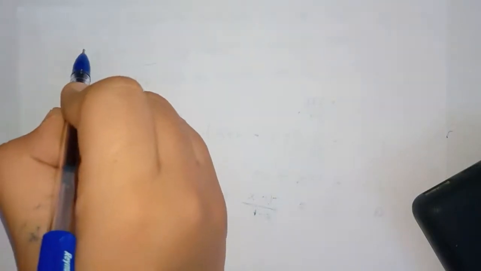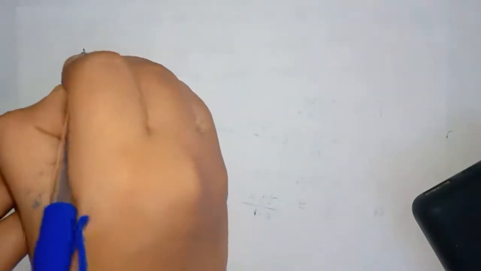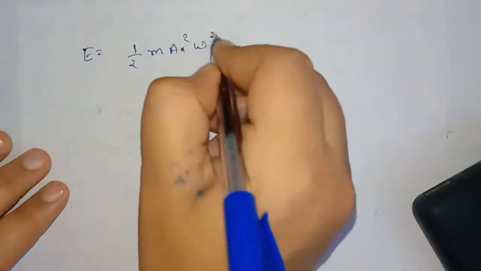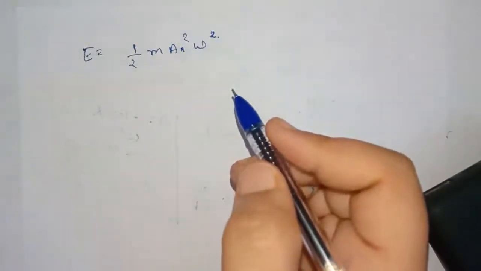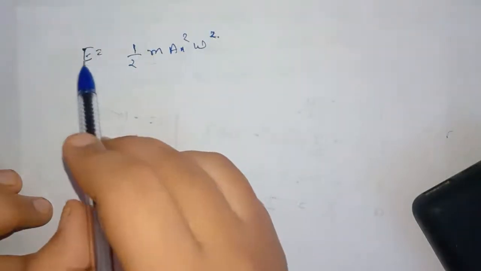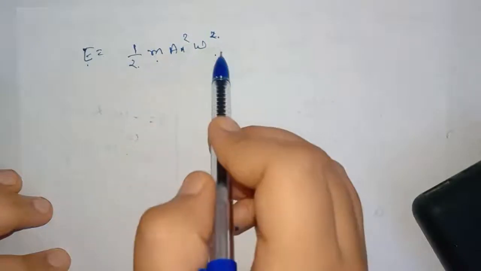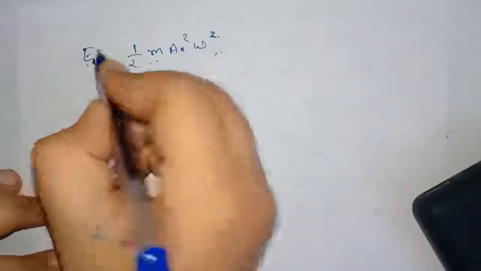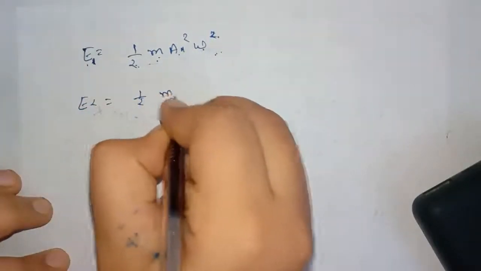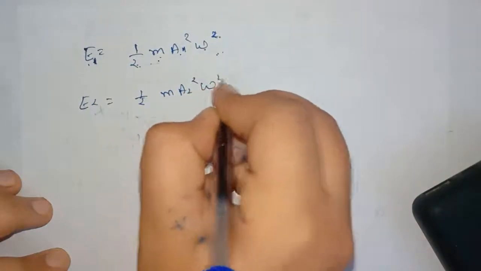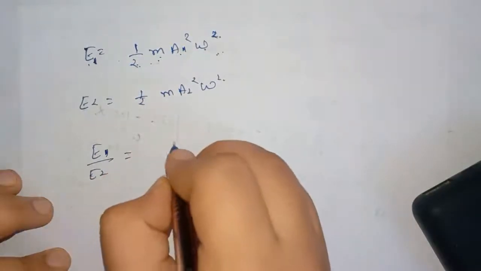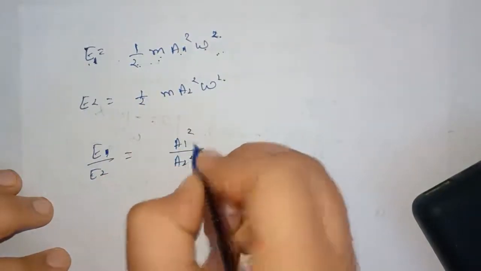So here the energy is half m a1 square omega square. Now when the amplitude is changed, the energy will change, but this m omega square will be constant. So E1 is equal to half m a1 square omega square and E2 will be half m a2 square omega square. Taking the ratio, we can write E1 by E2 is equal to A1 square by A2 square.